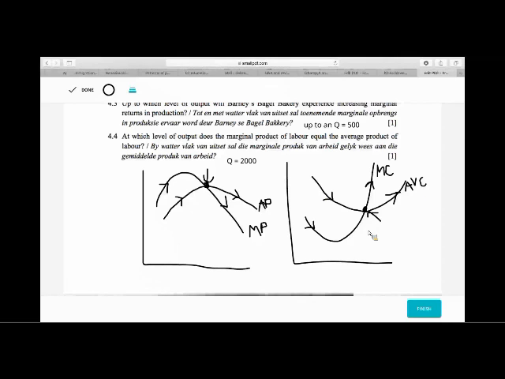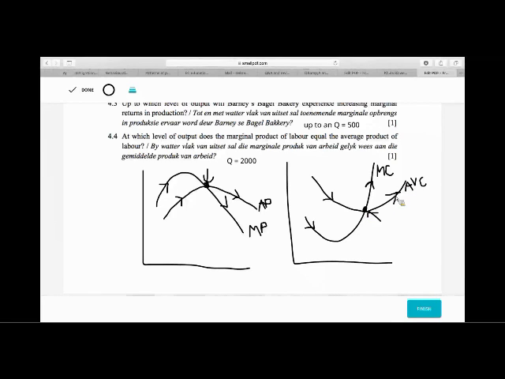When marginal cost is below average variable cost, or even average total cost, it pulls the average down. So as long as marginal cost is below average, average falls. If marginal exceeds average, then it pulls the average up, so average starts to increase.